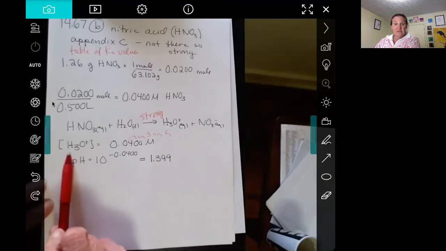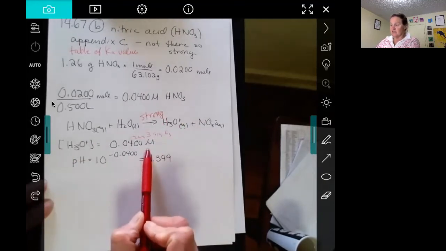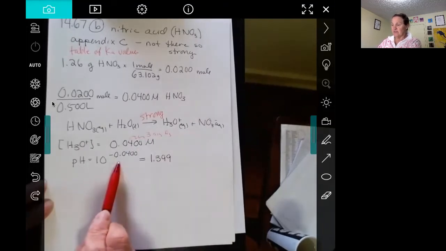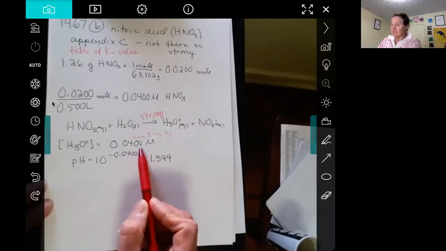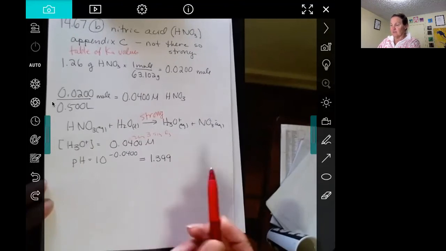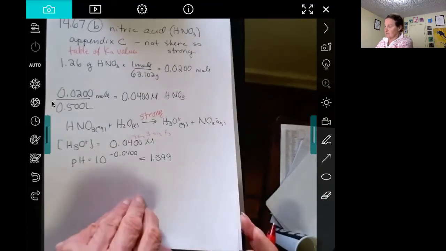So the hydronium ion concentration is equal to how much nitric acid you put in. Then it's simple. The pH is just the negative log of the hydronium ion concentration. We have 3 sig figs in the molarity, so we have 3 digits to the right of the decimal. So I got 1.399 as the pH of that solution.